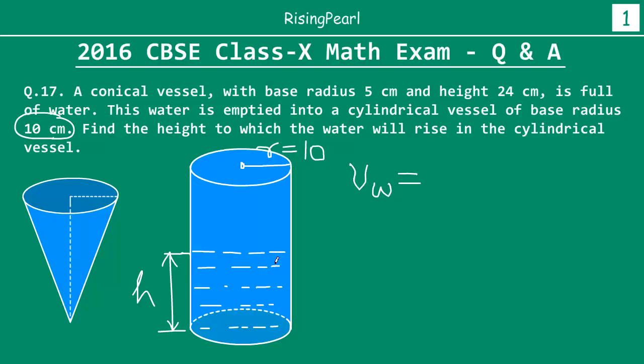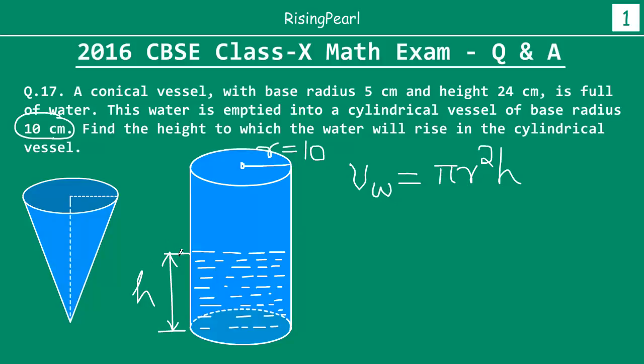We know that the volume of a cylinder is pi r squared h. This is the formula to find the volume of a cylinder. So if the water level rises to a height h, the amount of water in this part that I am highlighting is given by pi r squared h.